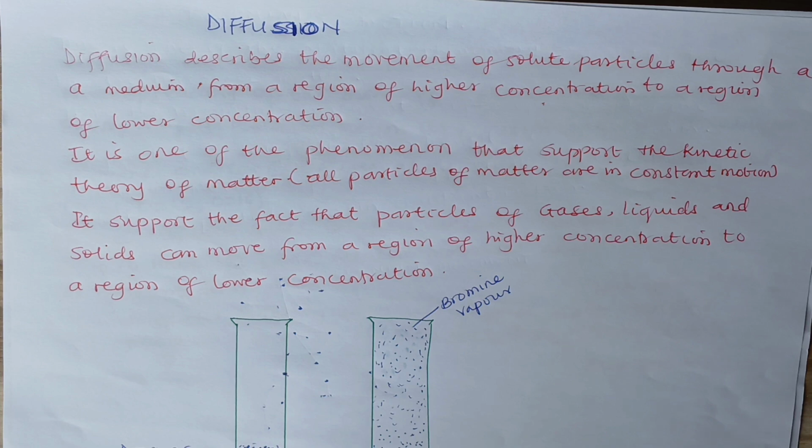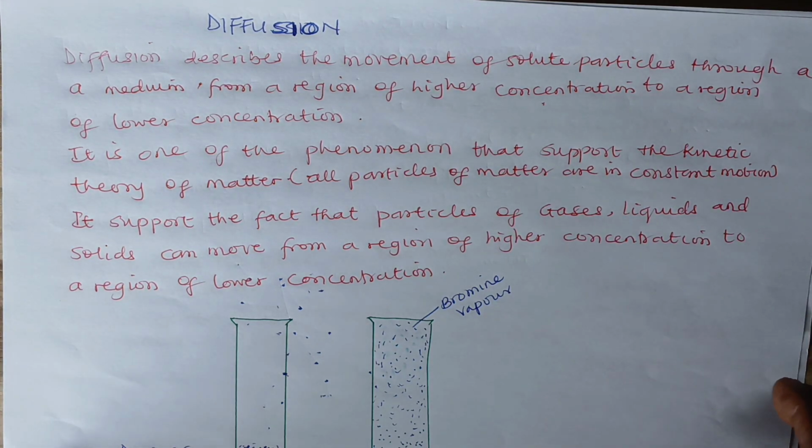That is, there will be a medium through which these solute particles move. This all supports the fact that matter is made up of tiny particles, and that these particles are always moving, whether they are in solid, liquid, or gaseous form.